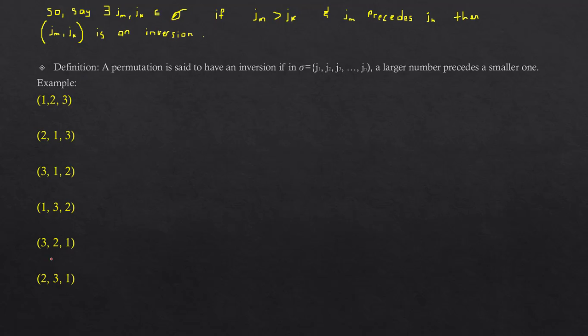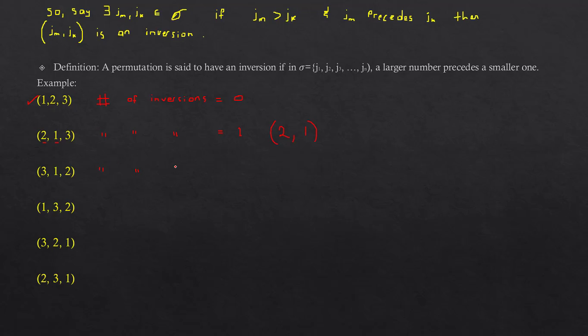So now for example 1, we have 1, 2, 3, and the number of inversions in this permutation is just 0, since we have no larger number preceding a smaller one. For example 2, we have 2, 1. So the number of inversions in this permutation is just 1, and it is 2, 1.